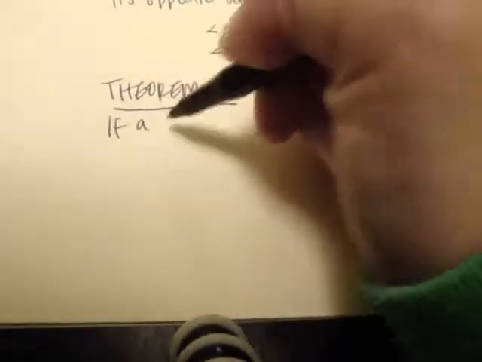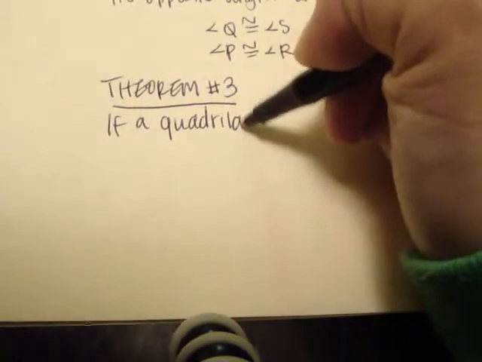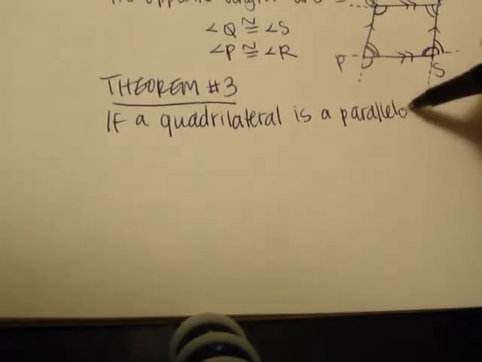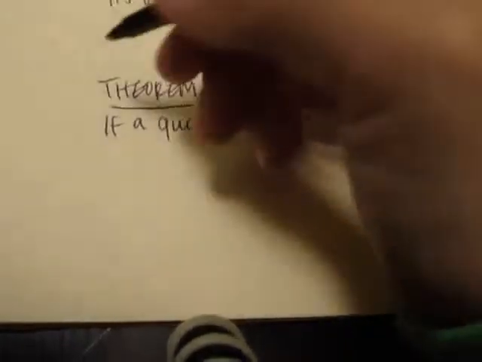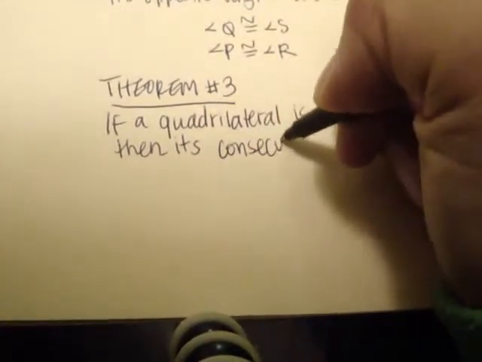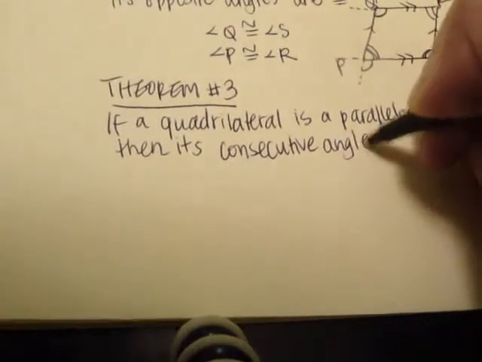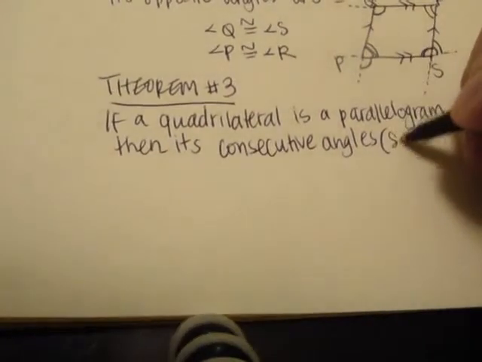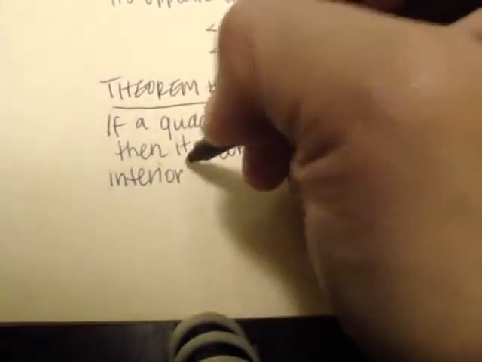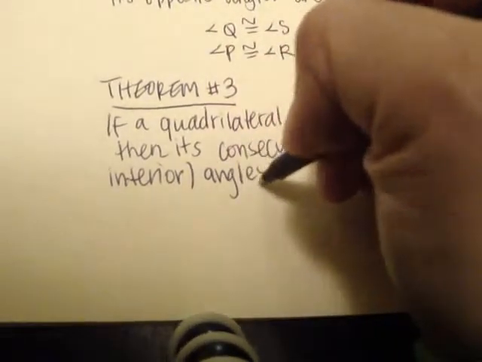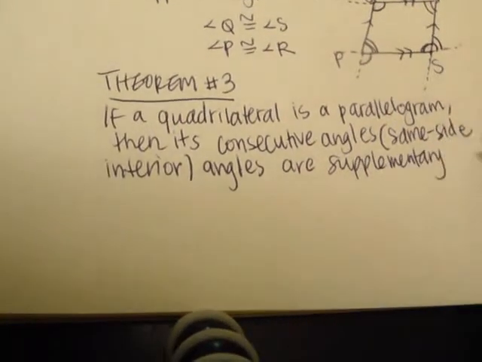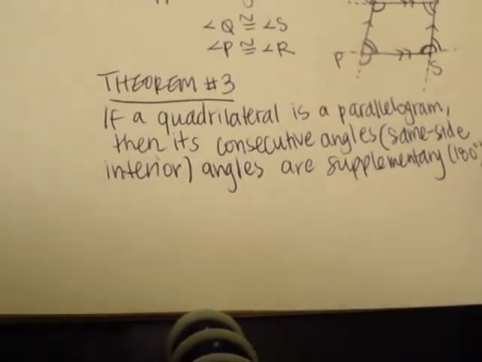Again, if a quadrilateral is a parallelogram, then its consecutive angles, the ones next to each other, or as we've called in angle relationships, same side interior angles, are supplementary, or equal to 180 degrees.